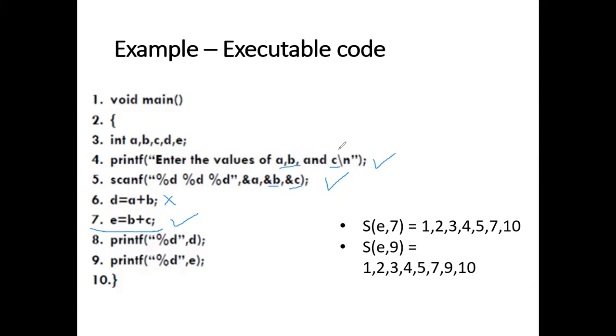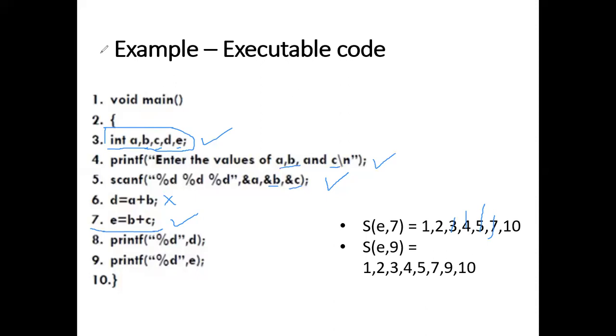Then in the third line, B and C and also E are declared. This is a declaration, so again I am taking this one. So I have selected my statements: this one, this one, this one and this one, right?